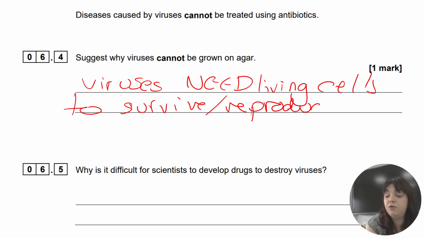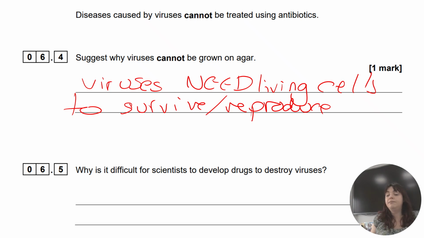The word you have to say is need. Alternatively, you could say viruses only exist inside living cells. Agar is non-living. Another thing you could say is viruses reproduce inside living cells and agar is not made of cells.